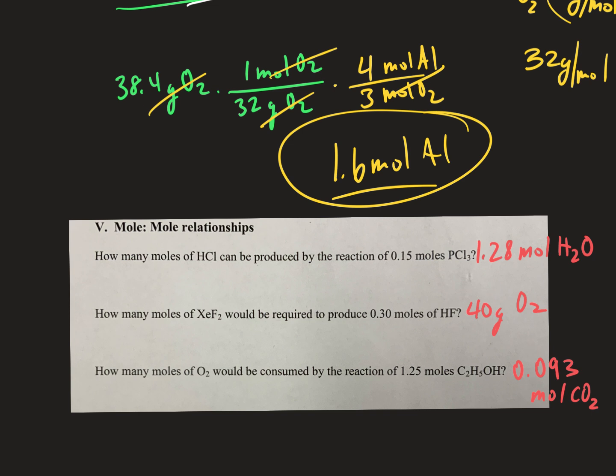How many P's do we have on this side? One. So equals one. And how many do we have on this side? Equals one.